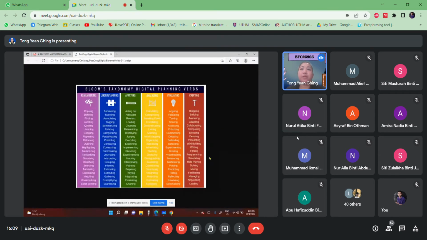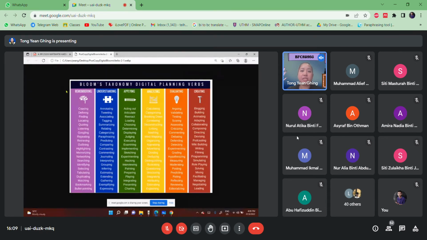Okay, look at this one. Let's say this is C1, taxonomy level C1. That means you will be assessed more on remembering. So we will ask you to define the formula or something like this. C2 is more on understanding.